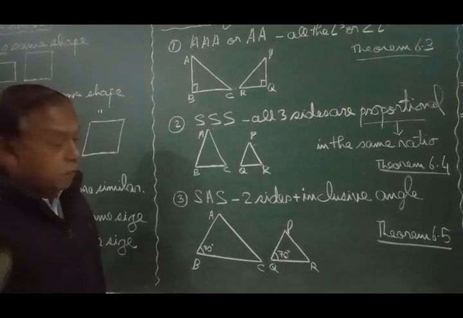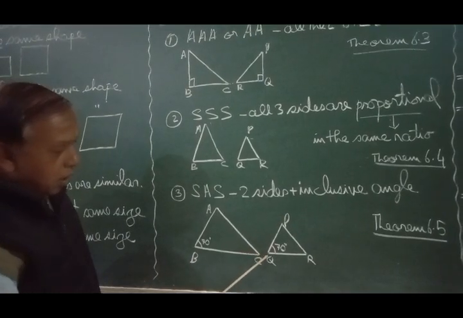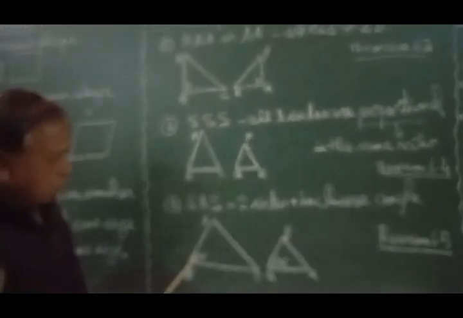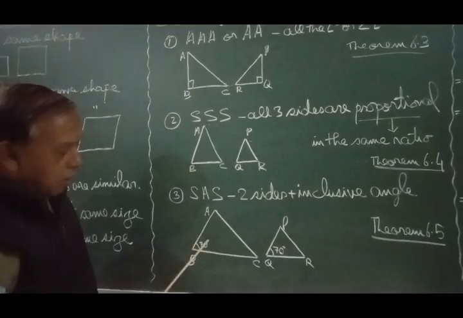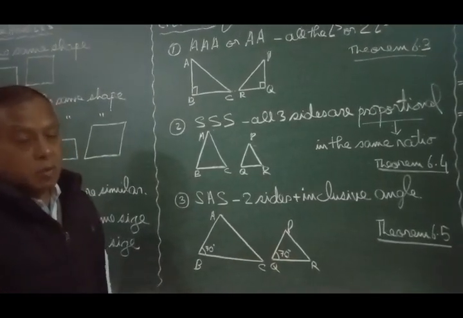Theorem 6.5, two sides, AB upon AQ, BC upon QR. Included angle, this is 70, this is 70. And therefore, two sides and one angle, therefore the triangles are similar.